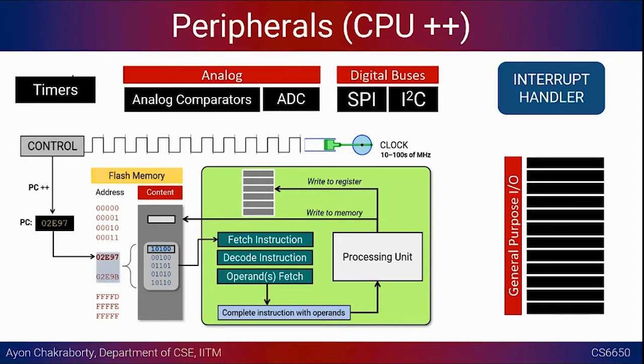These are again some kind of counter. With every clock pulse, it counts a certain number, and there is a maximum limit based on the size of the register, that is how much it can count. If you know the time taken to increment the counter by 1, that multiplied by the size of the counter will give you an idea of the time.